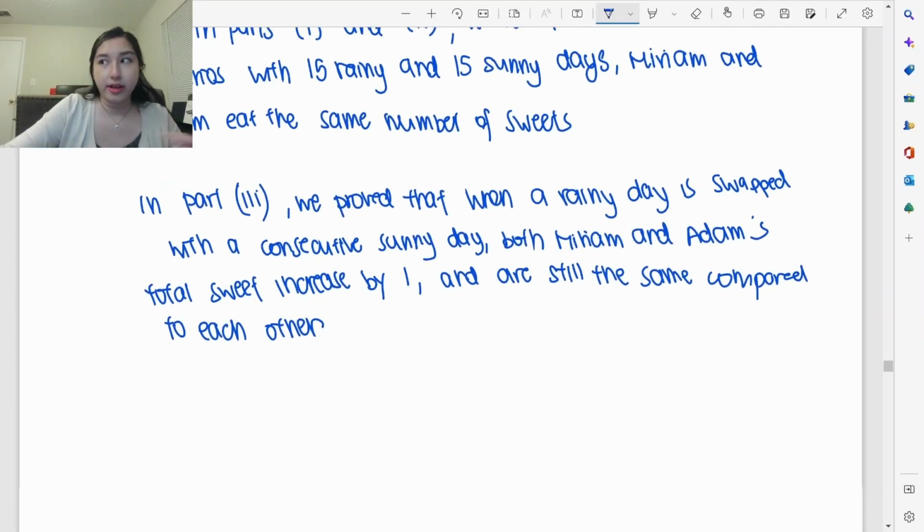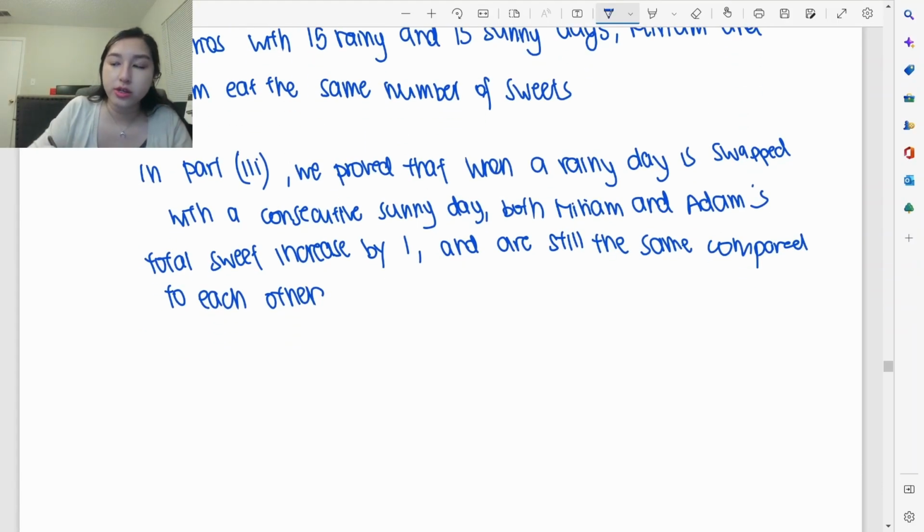This means that no matter how much you switch, even though they will increase or decrease by 1, by 2, it doesn't matter, they are still going to be the same. So I'm just going to have to put that in words, I guess.